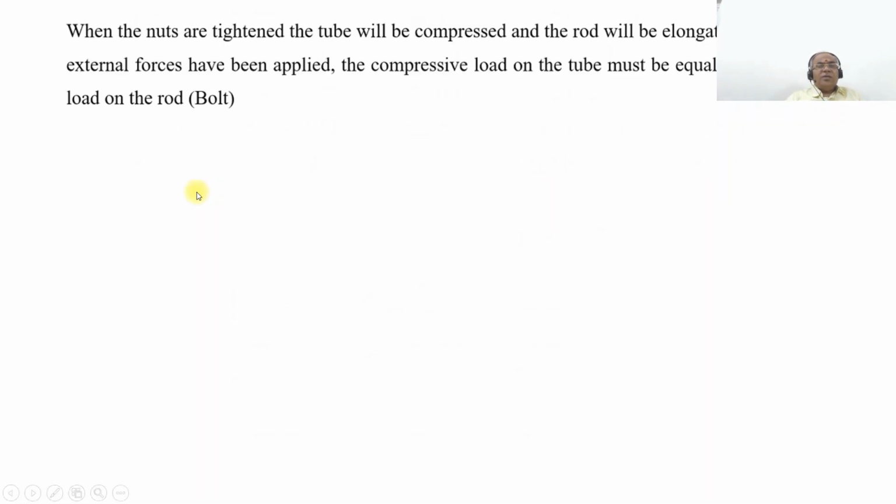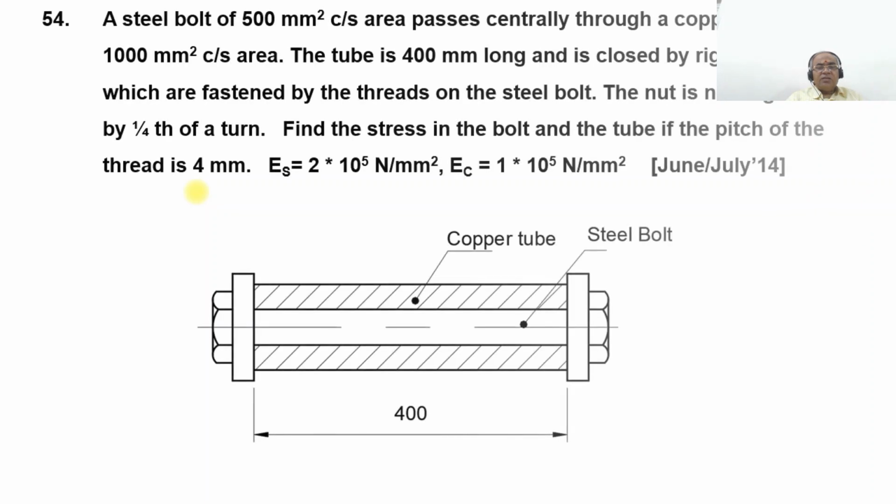So how to proceed with this problem? When the nut is tightened, the tube will be compressed and the bolt will be elongated. When you tighten the nut, the tube is going to be compressed, and the bolt will be under tension.